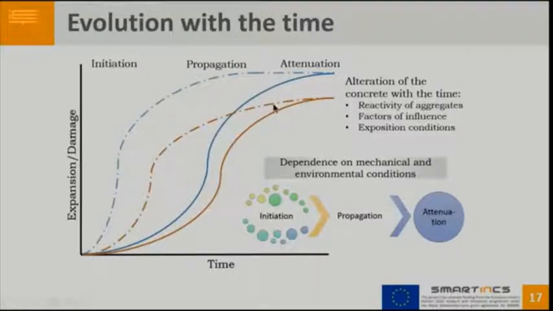For the same aggregate, it could be that we have different reaction rates. These curves are for the same type of aggregates in different parts of the dam.